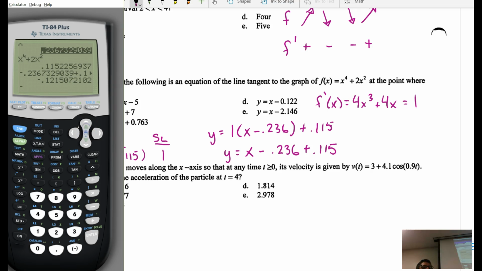So I just could have typed x, but I scrolled up to that 0.236 and I hit enter. And then plus, I scrolled up to the 0.115 and I hit enter. And then that's the y-intercept that we're looking for. Yeah. Is that good? Let me stop this recording and see how this worked out.